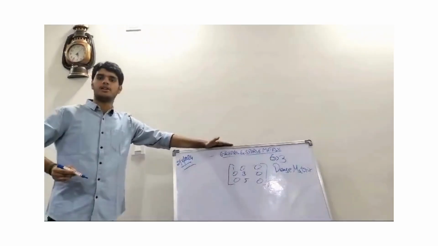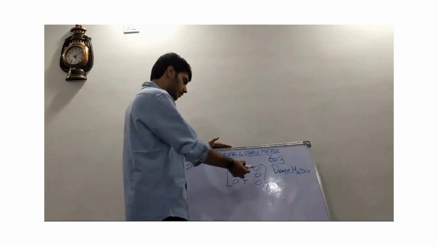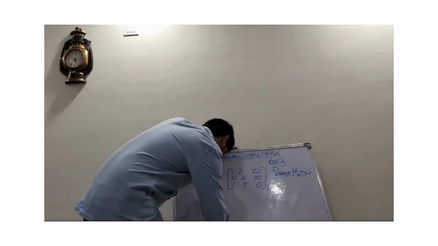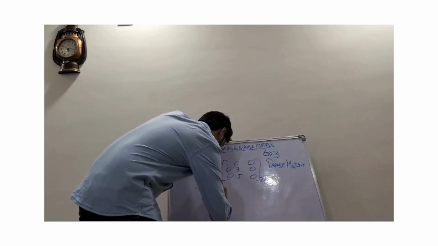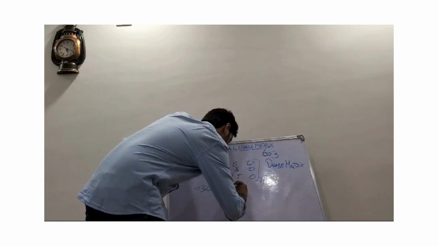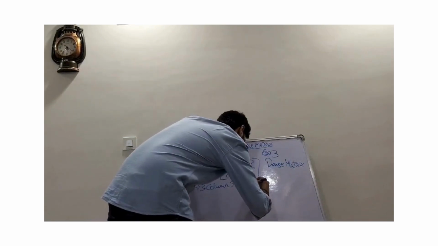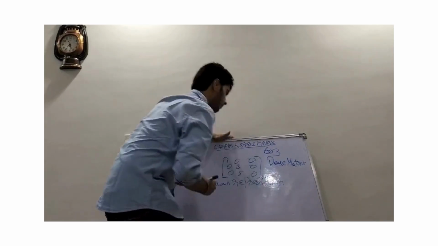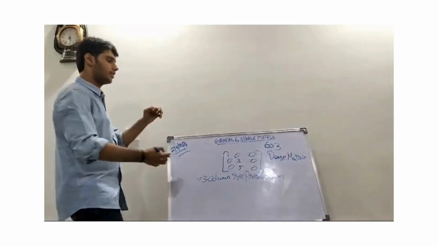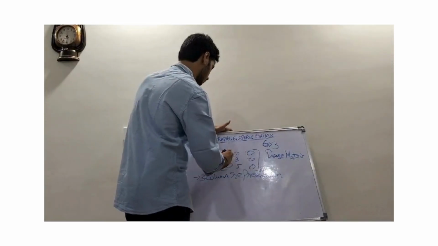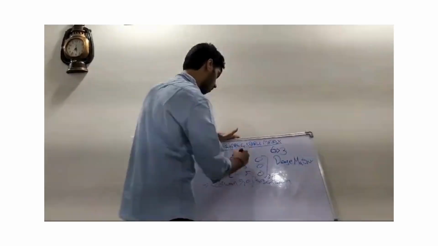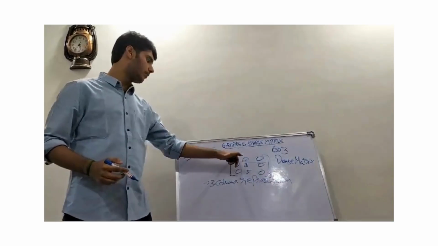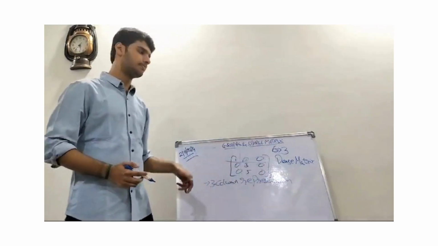There are two ways in which we can represent a sparse matrix. The first one is the 3-column representation. In the 3-column representation, we look at the rows and the columns, and point out in which row and in which column we have the non-zero values.